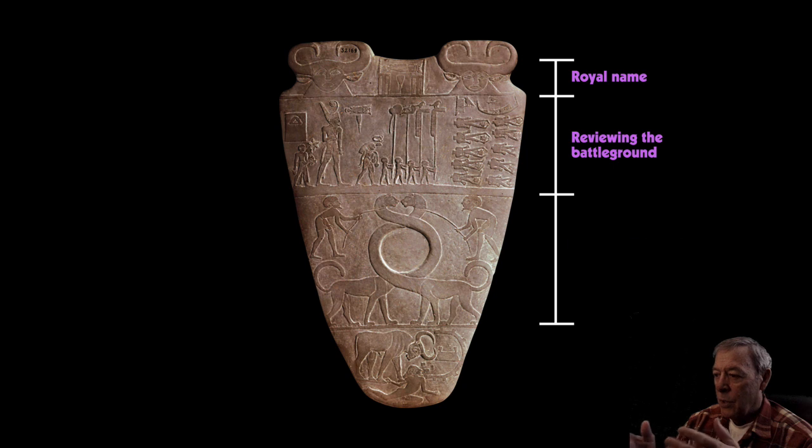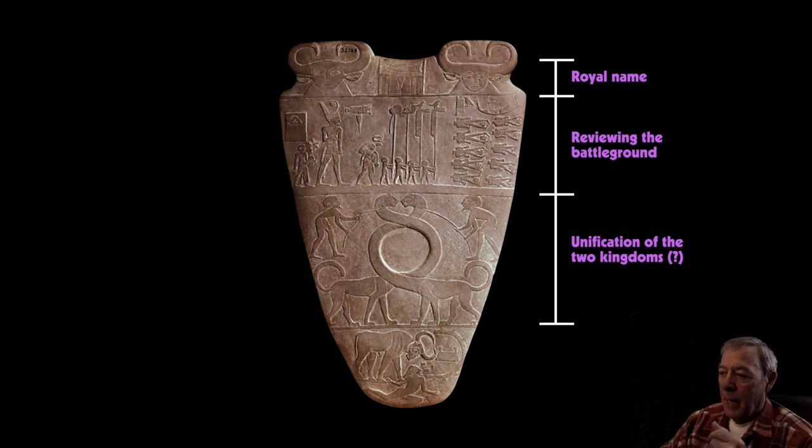Then the next register, we see 2 slaves apparently that have a couple of leopards in their control, which represents symbolically the unification of the 2 kingdoms by the intertwining of the leopards' necks.